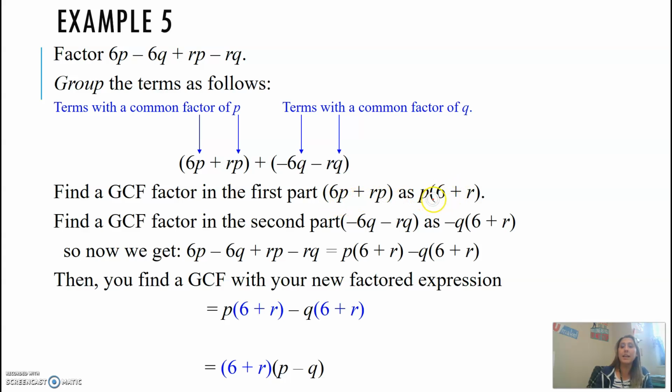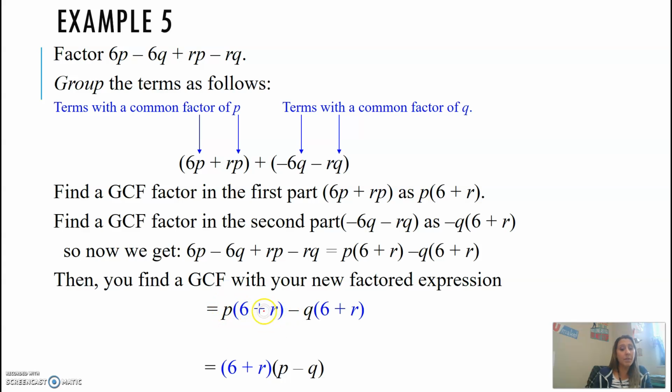factor out a p and end up with p times 6 plus r. Then I'm going to do that with the second part, so I end up with -q times 6 plus r. So then what we end up with is that our original expression equals p times 6 plus r minus q times 6 plus r, and now I can take that and do another GCF.